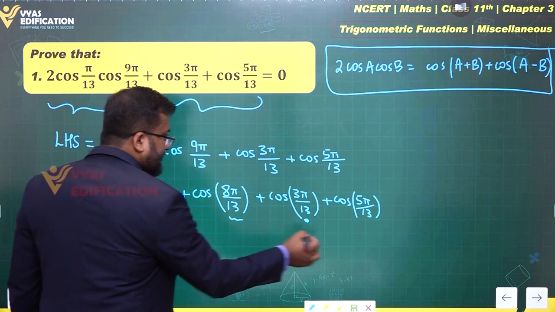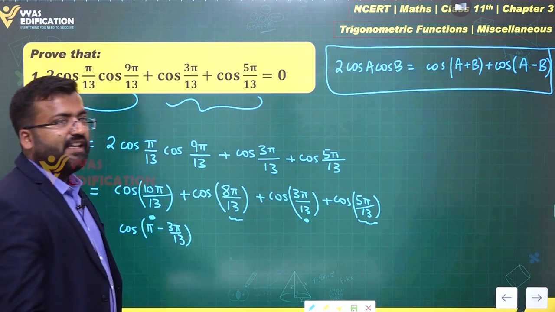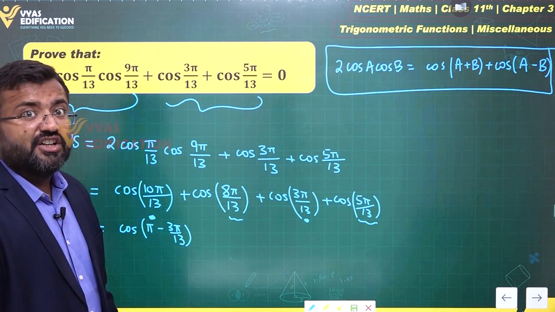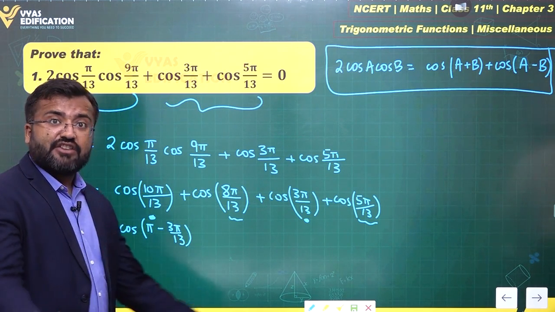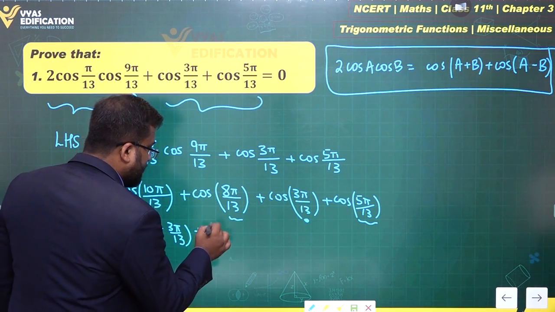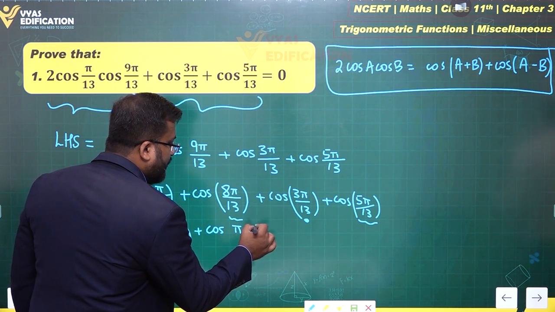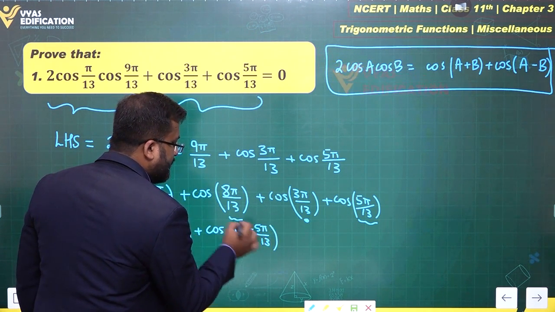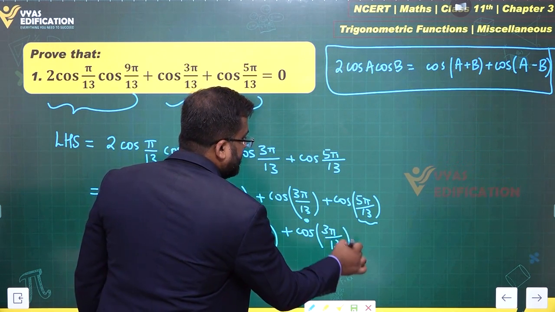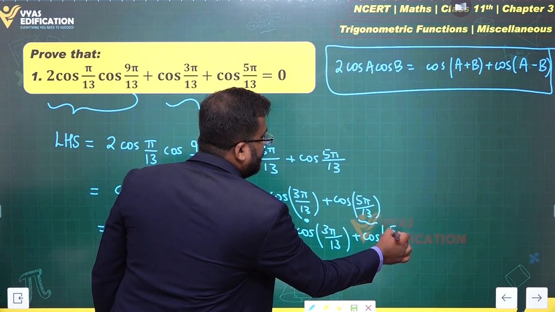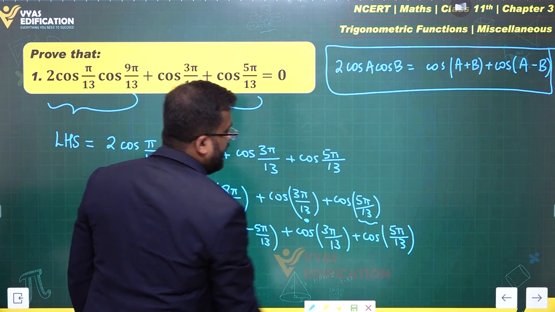Similarly, do you observe that this is 8 pi by 13, this is 5 pi by 13, add the angles together, what you get is 13 pi by 13, which is actually pi. So therefore, this can be written as cos of pi minus 5 pi by 13, plus cos of 3 pi by 13 plus cos of 5 pi by 13. This is what you have.